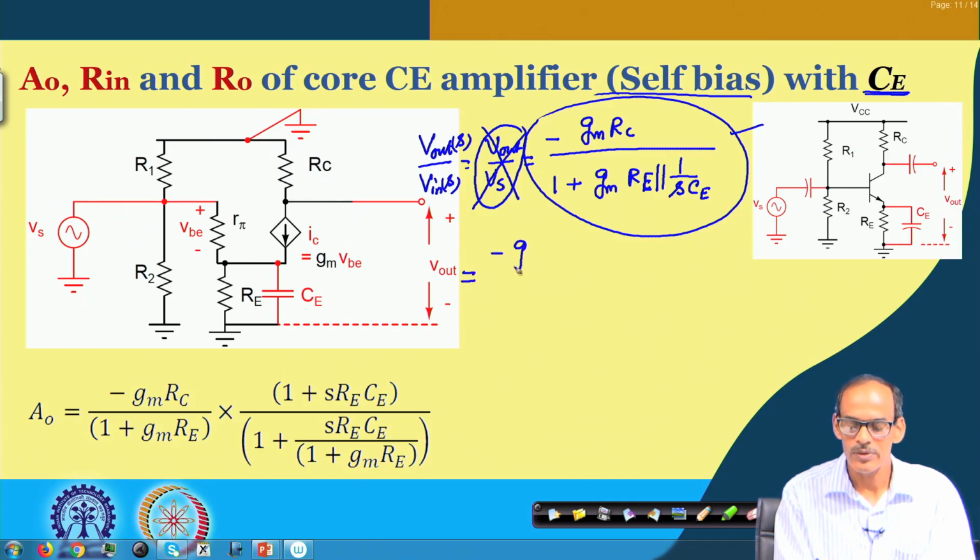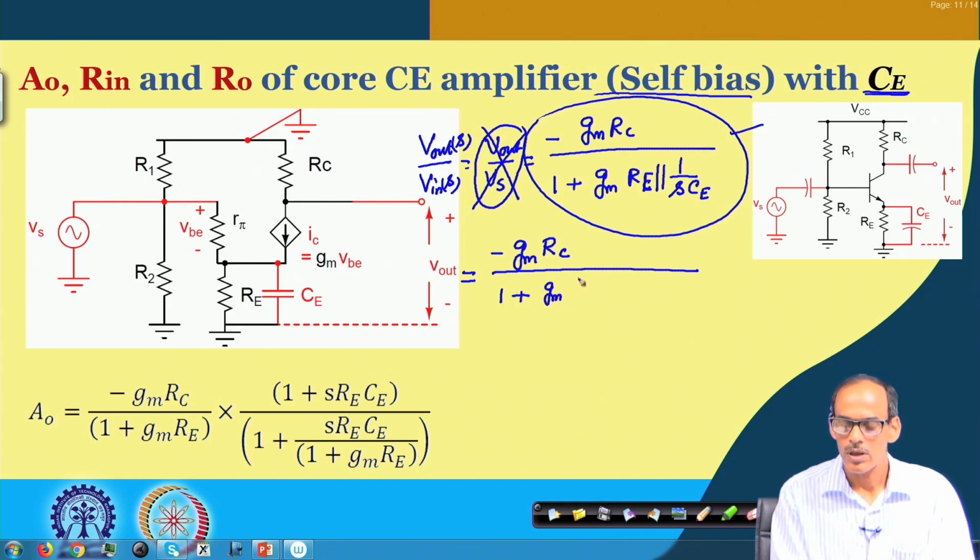Maybe it has some meaningful expression. So, this is the denominator part, it is 1 plus Gm into Re, and then we have 1 plus S into Re into Ce.